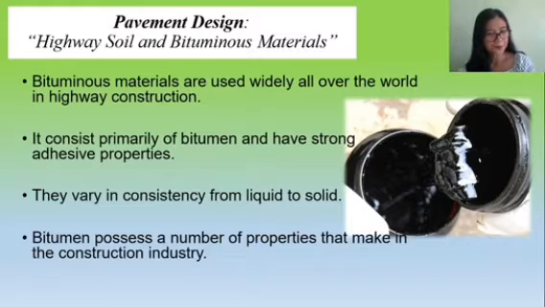Bitumen possesses a number of properties that make it valuable in the construction industry. In this chapter, we will discuss the different types of bituminous materials used in highway construction and also the processes by which they are obtained.